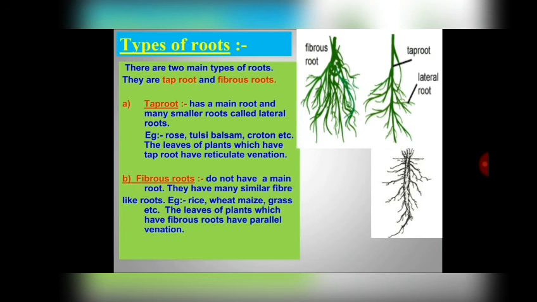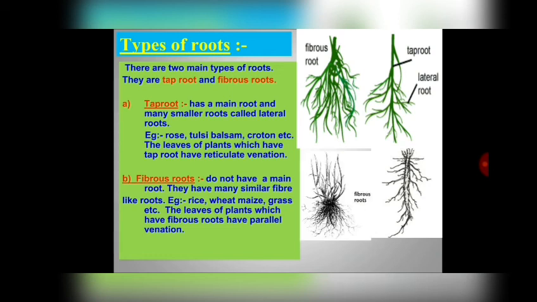Fibrous roots do not have a main root. They have many similar fiber-like roots, but they do not have any main, strong or thick root in the middle. They have many fibers, secondary roots, small and thin fine roots, and many roots will be there. It looks like a fiber. So such roots are called fibrous roots.